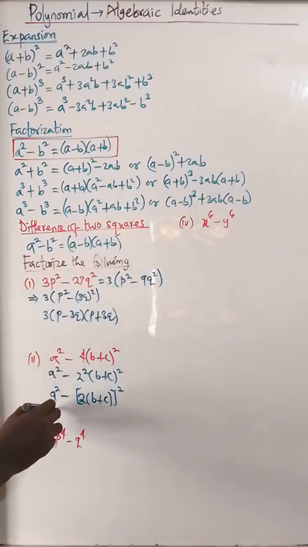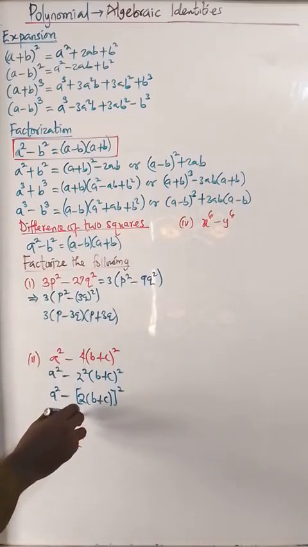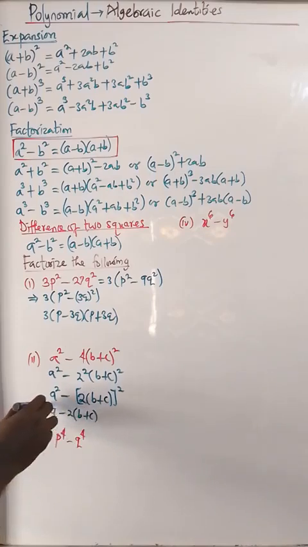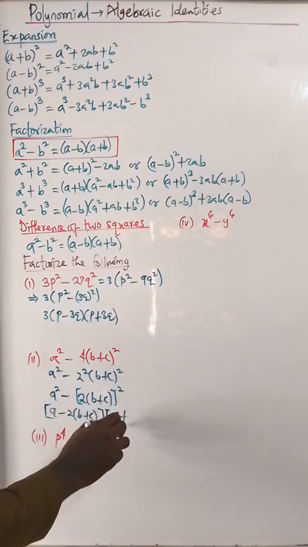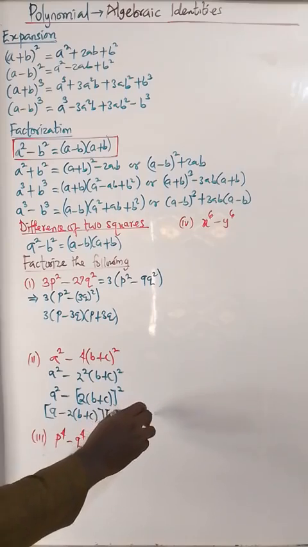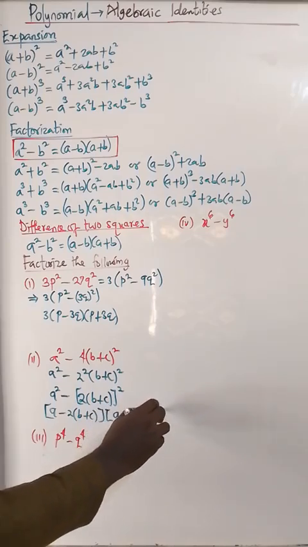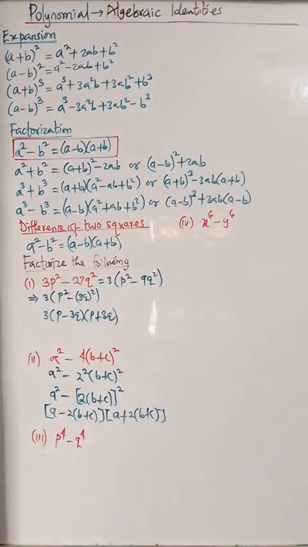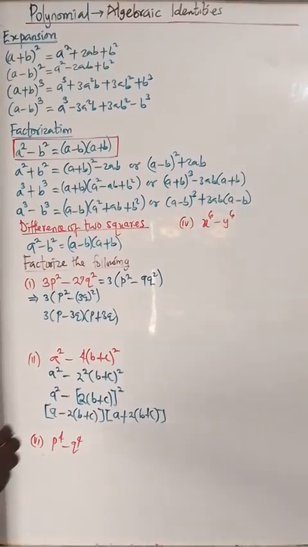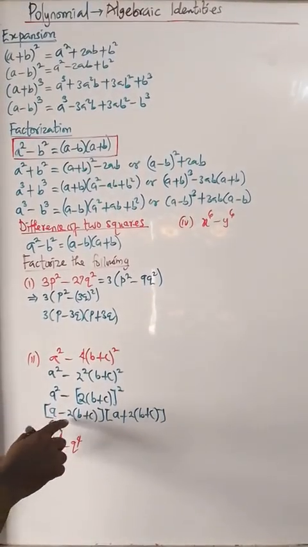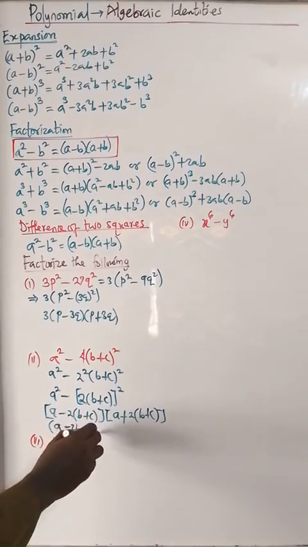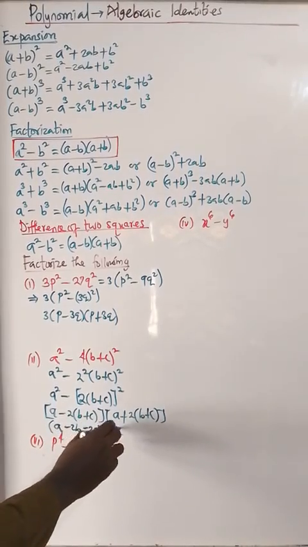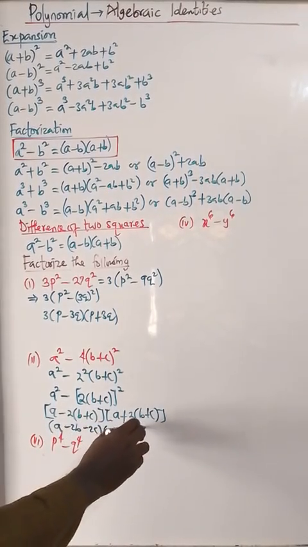So by subtraction we have a minus 2 into b plus c. Then we add, a plus 2 into b plus c. By the time we expand, I'll be having a minus 2b minus 2c, then I'll be having a plus 2b plus 2c.